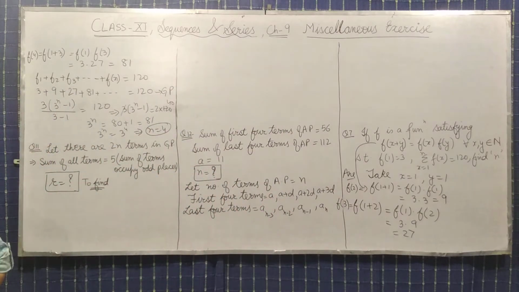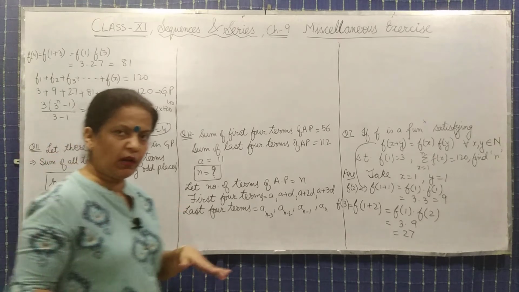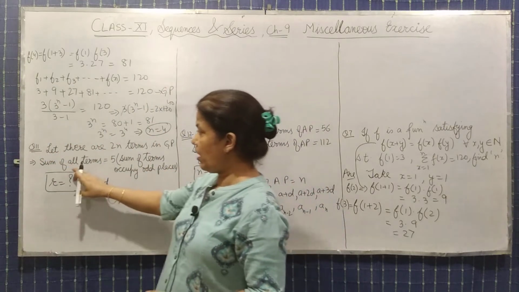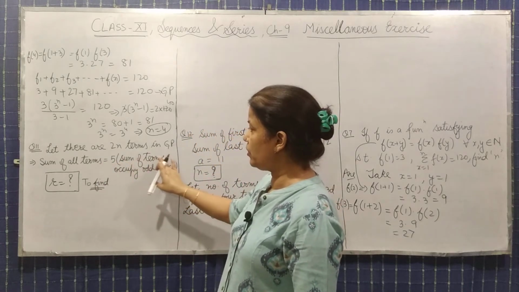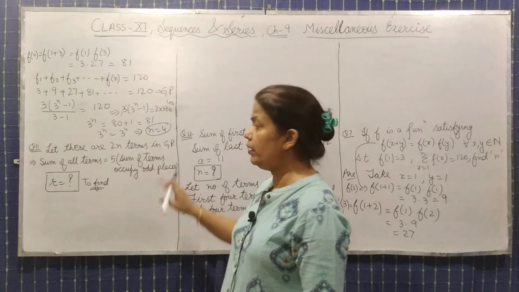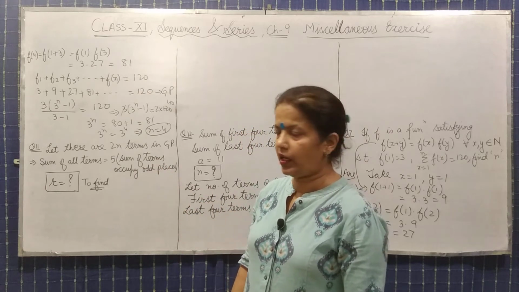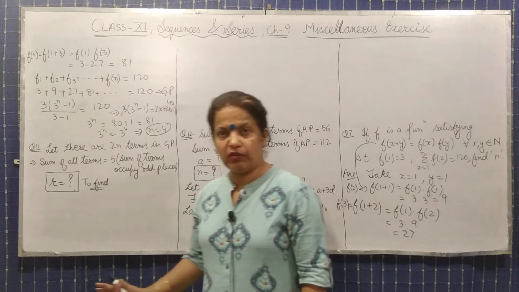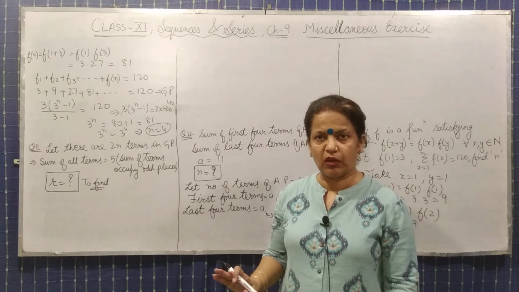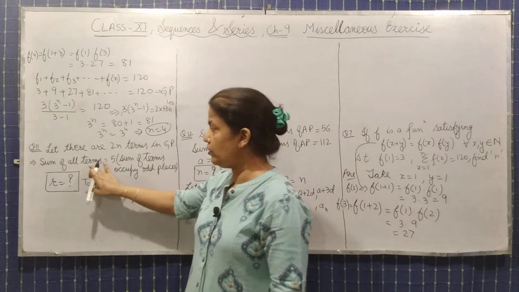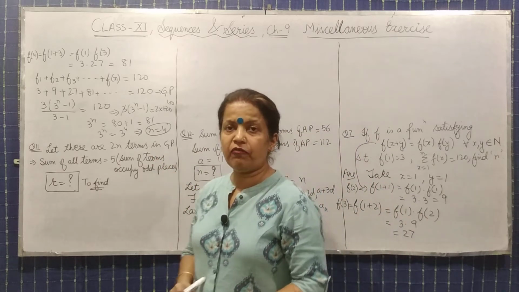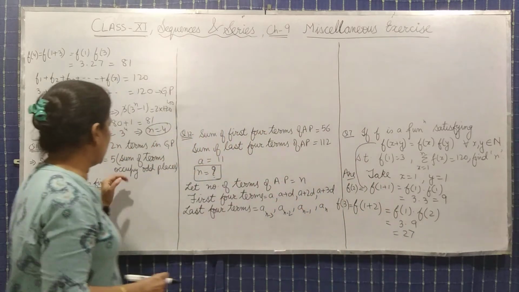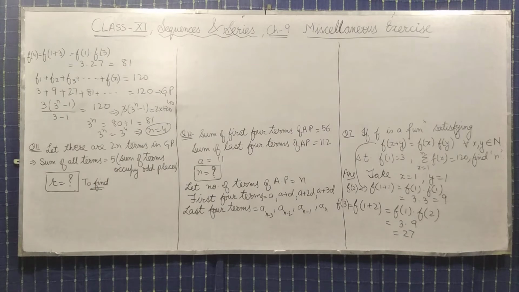In question 11, it is given a GP consists of even number of terms and sum of all terms is 5 times the sum of the terms occupying odd places. ये दिया हुआ है. Even number of terms of a GP is given and sum of all terms of GP equal 5 times the sum of the terms occupying odd places.